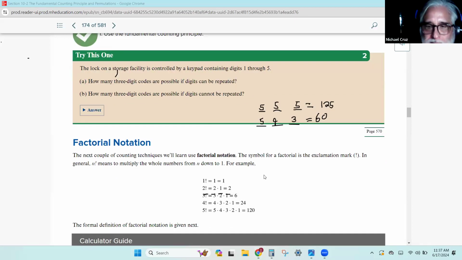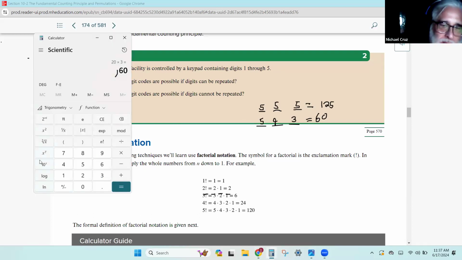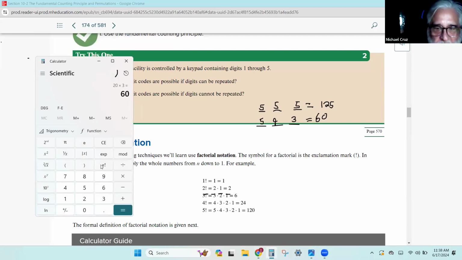And then this last thing, the factorial notation. On most scientific calculators, and probably most other ones, you've got this right here.